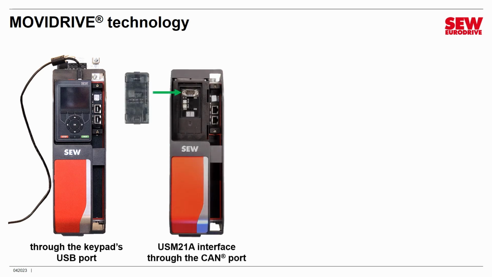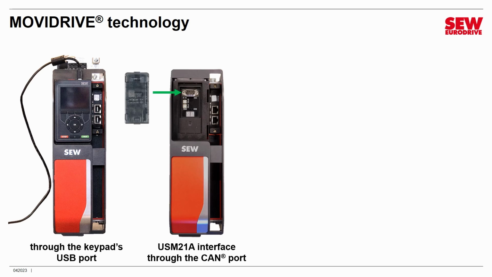Another way to do this, and a lot of people do this if they do this professionally, they buy a product from SCW called the USM21A. It's a USB interface with a number of different cables that can connect to the engineering port on many of our products. If you do this for a living, rather than just occasionally, I recommend you get yourself a USM21A kit with all the different cables it comes with.